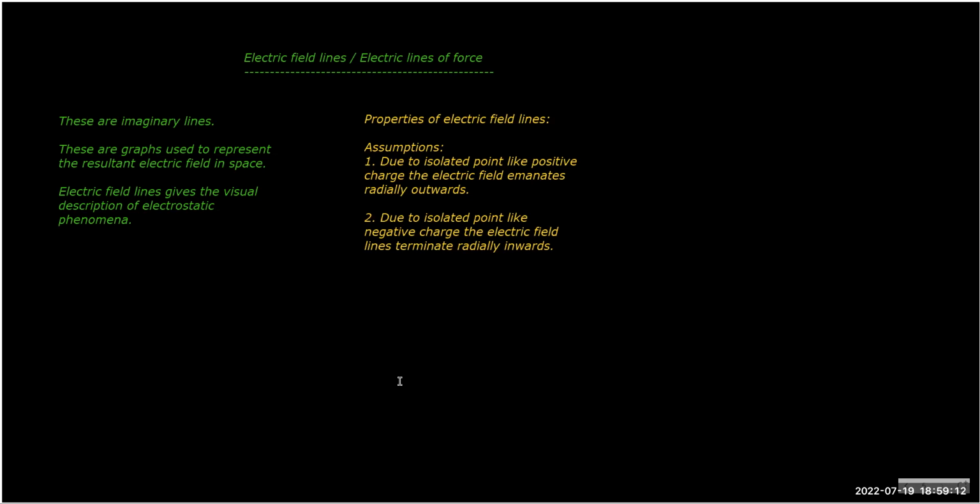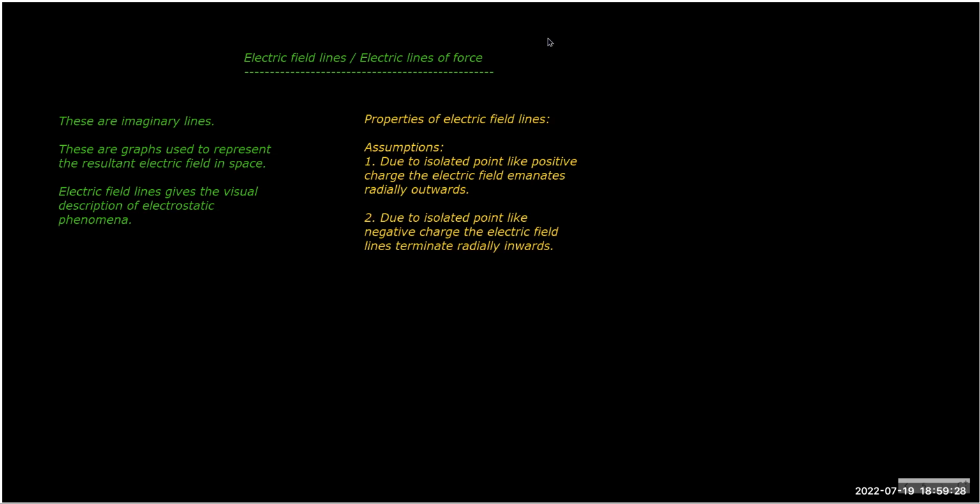So the first two things are very important. If we have a positive point charge, that is not sufficient, it should be isolated. It means we believe that there is no other charge in the universe except that charge.